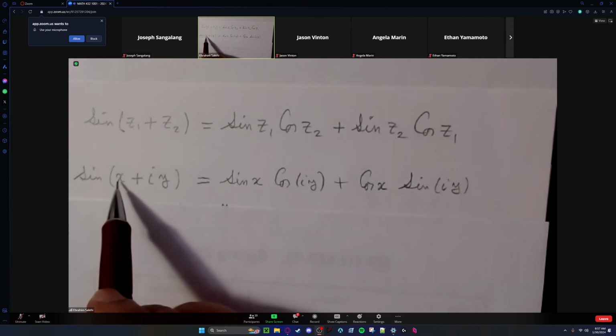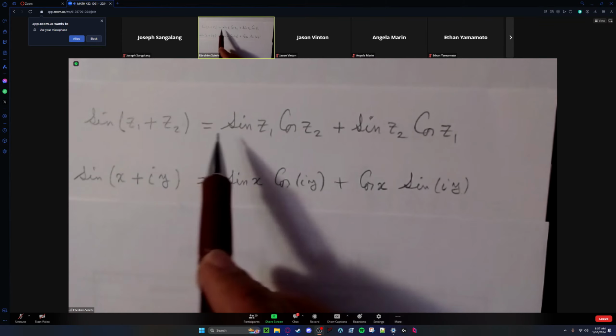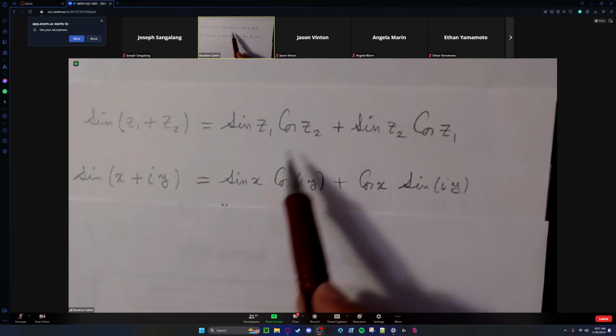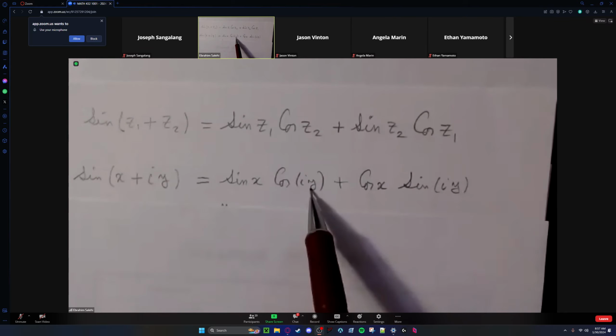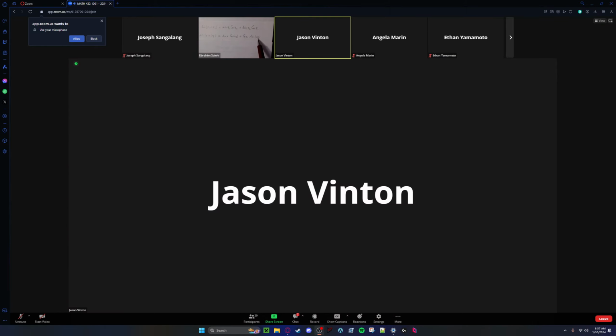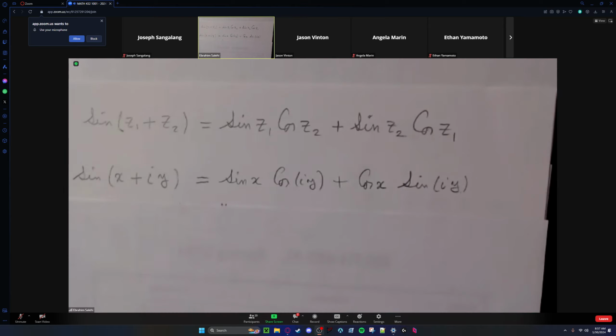So sine of x plus iy, I'm going to use this one, will be sine of x cosine of iy plus cosine of x sine of iy.